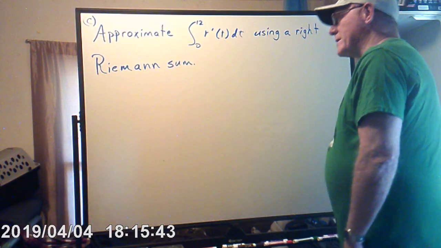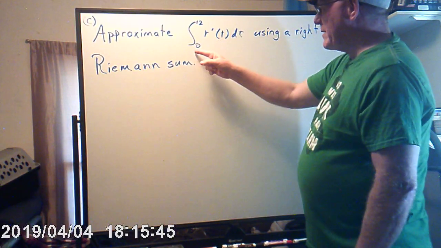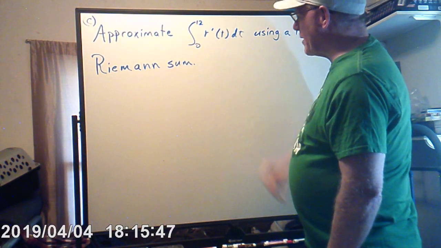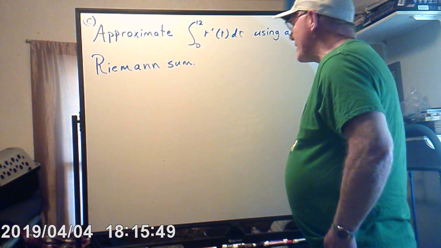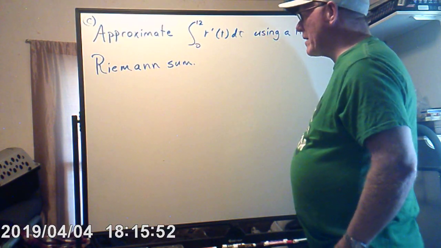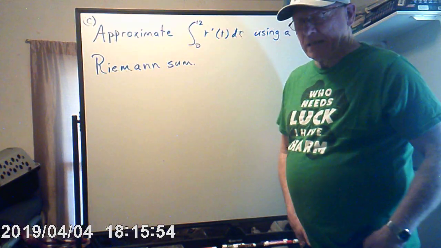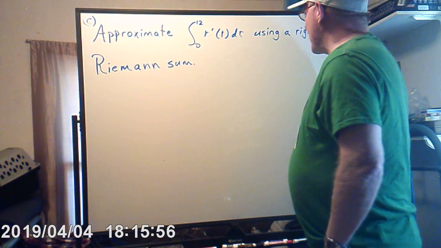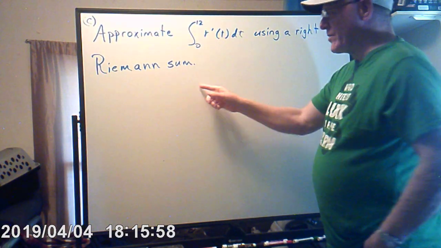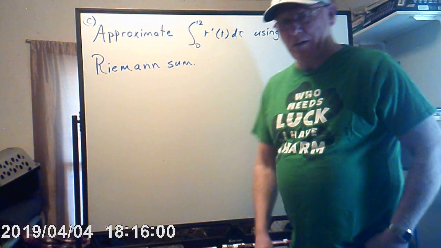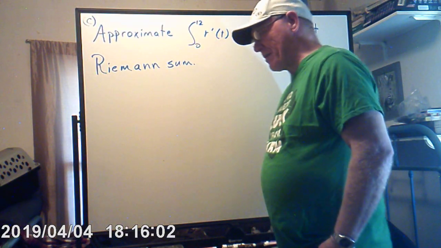It says approximate the definite integral from 0 to 12 of r prime of t dt using a Riemann sum. Okay, it's a right Riemann sum. We can't just say Riemann sum, it's a right Riemann sum.